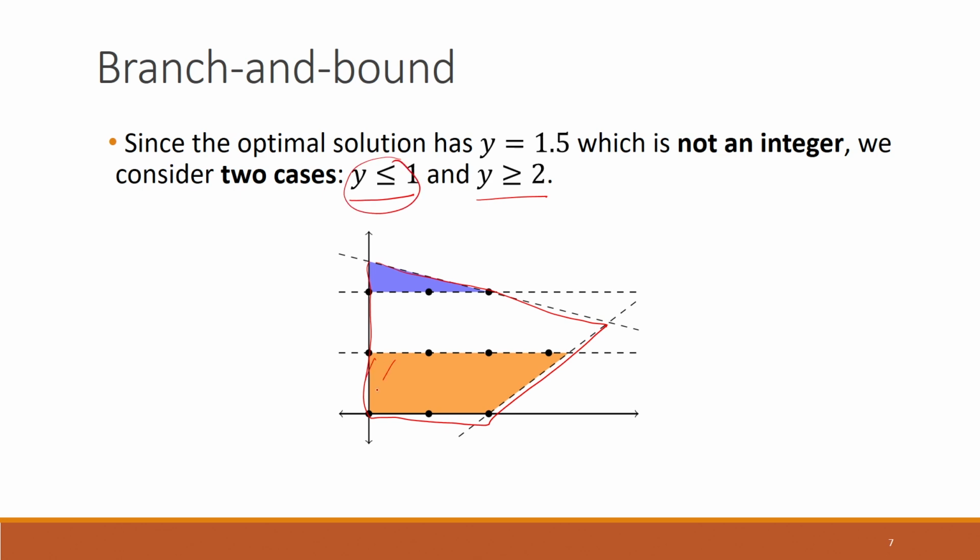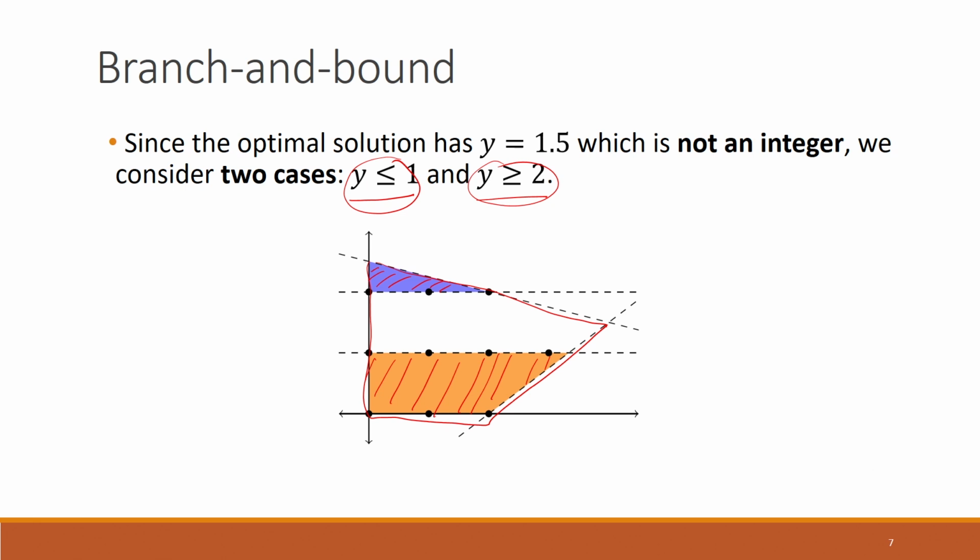With that, you will get this feasible region here, the one shown in orange. And when you put this constraint y greater than or equal to 2 in addition to the constraints that were already present in that linear relaxation, then you will get this blue or the purple region here. Okay.